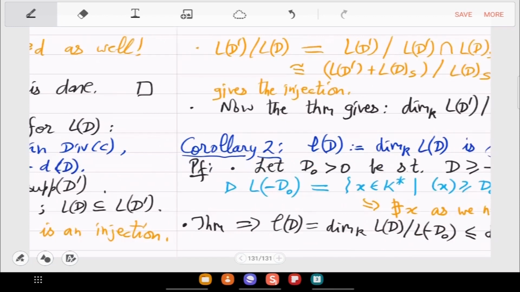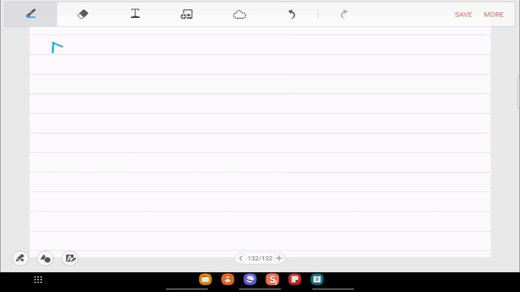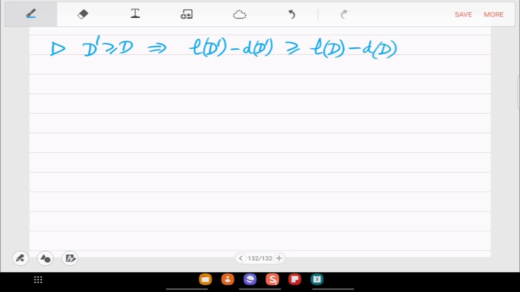That's how we'll read it. So that's exactly corollary 1.